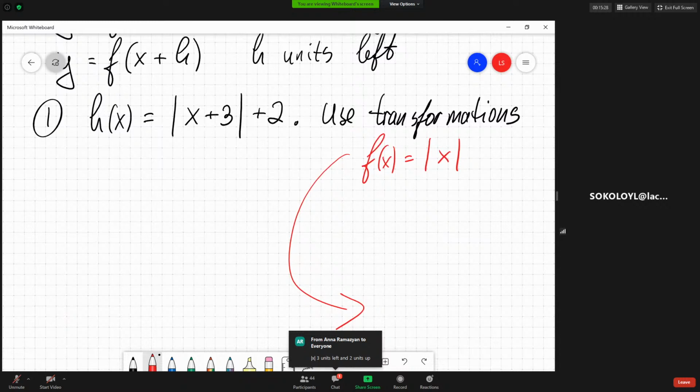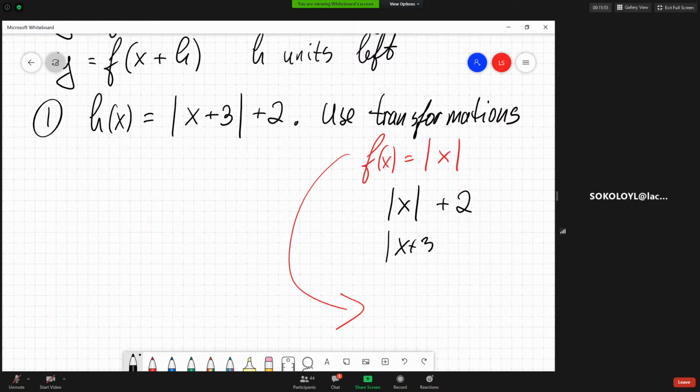So in order to keep track of the steps, you want to start with the parent function, and then you want to say, let's either replace x with something or add something to the entire function that we have. For example, here, it doesn't matter whether I first choose to add 2 to the function and then replace x with x plus 3, right? It would be the same final version.